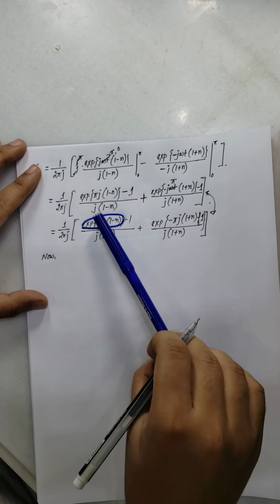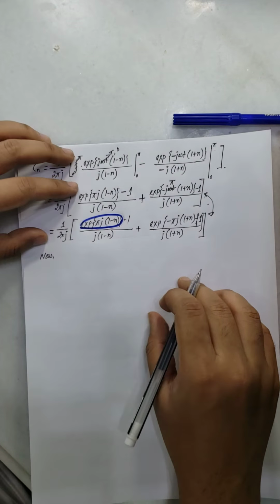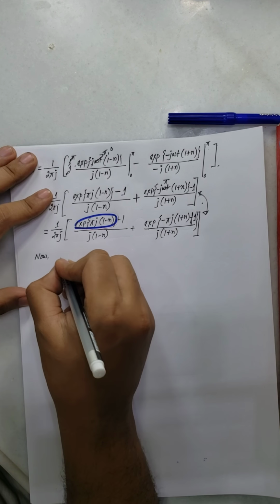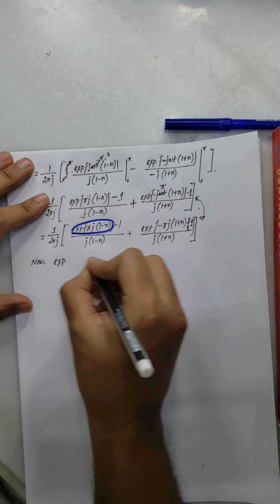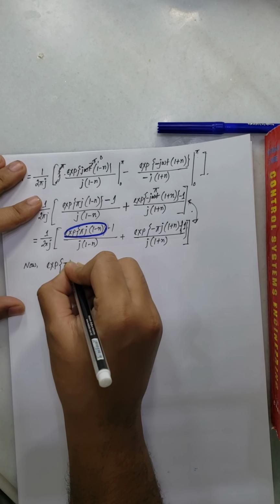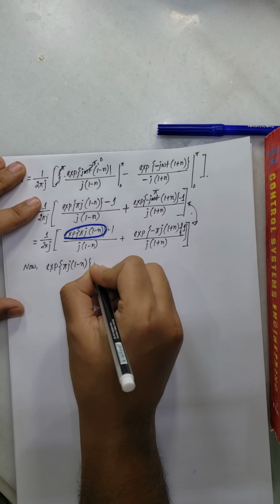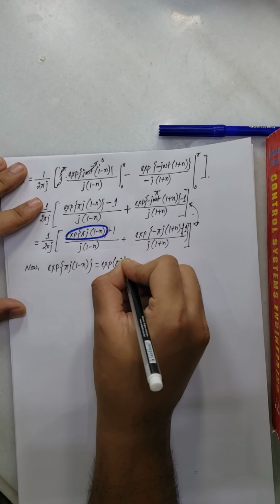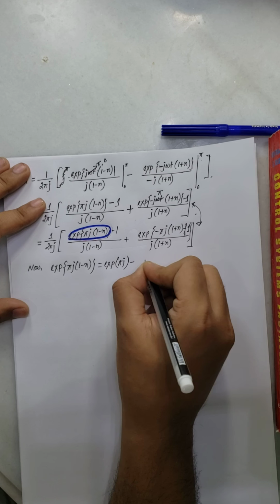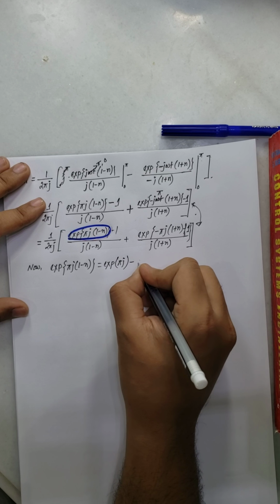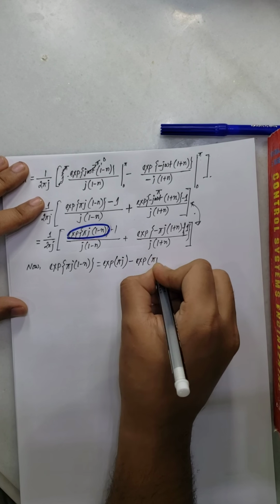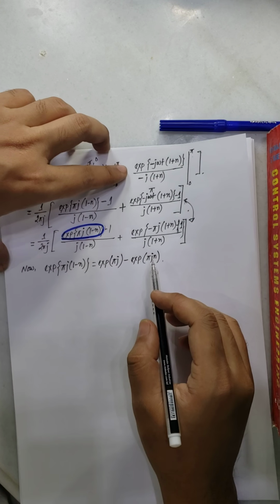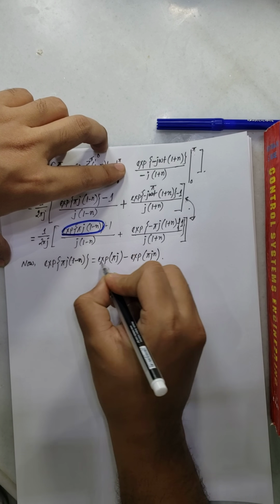So, now working with this term, we are trying to solve it as the Euler expression, where e to the power pi j 1 minus n becomes e to the power pi j divided by e to the power pi j n. This is a basic property of exponents, where we can divide it up and write it like this.